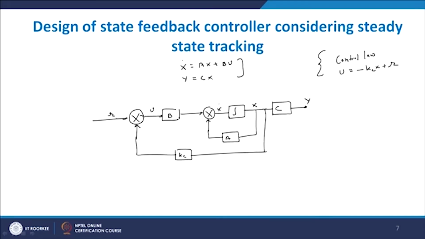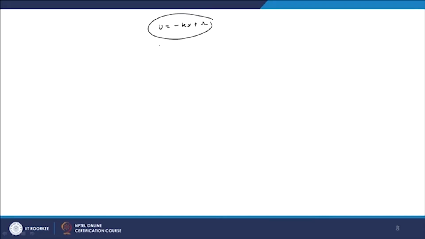Now, we will design a control law in such a manner that, suppose you take U equal to minus Kx plus R, this is the original. Suppose we write the control law as U equal to minus Kx plus a small Ts, a constant value, multiplied by R, where R belongs to the reference input.